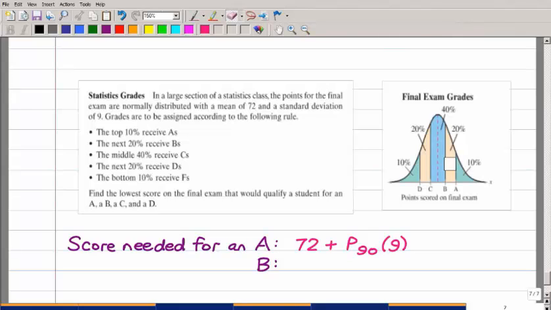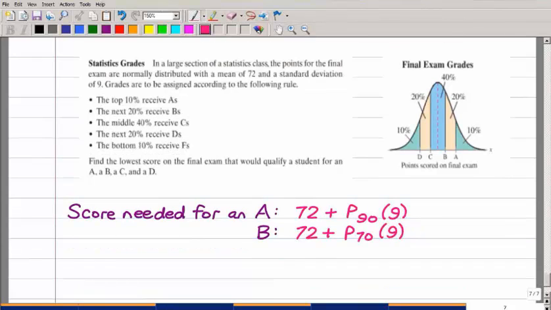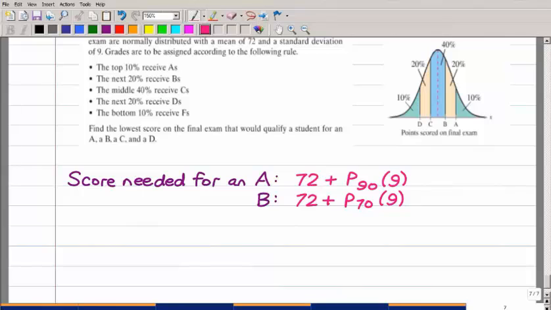But for our calculation, 70% is below the cutoff for the B. So the calculation is 72 plus P70 times 9, and that will tell you the grade necessary for a B.